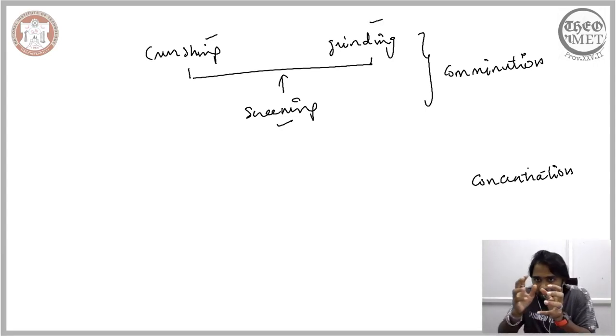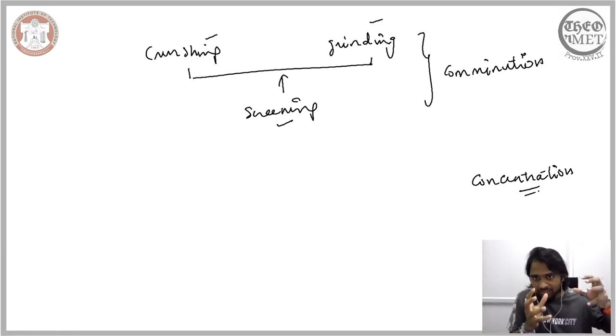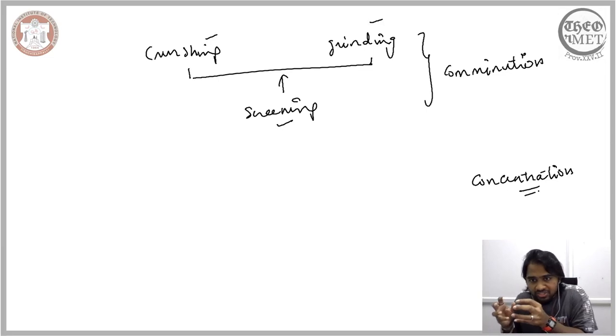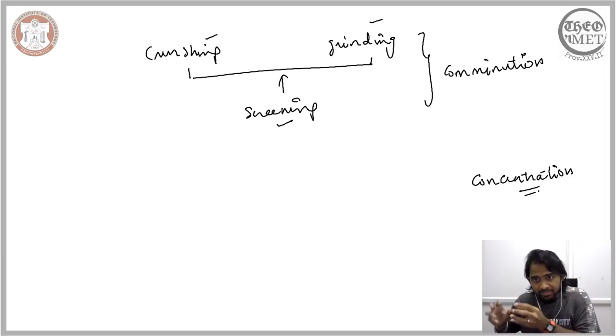Before moving from comminution to concentration, there is a similar integral process involved, which has some aspect that is closer to concentration. If you define comminution as the processes that involve fragmentation, and concentration as the process of separation, that is, separating the particles that are rich in minerals from the particles that are rich in impurities.